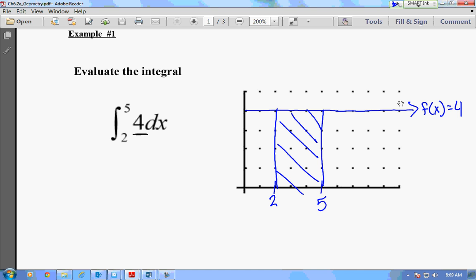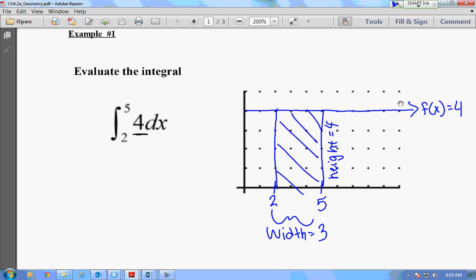What's the width? Because the width is dx. What's the width? The width is 3. And our height, in this case, is 4.